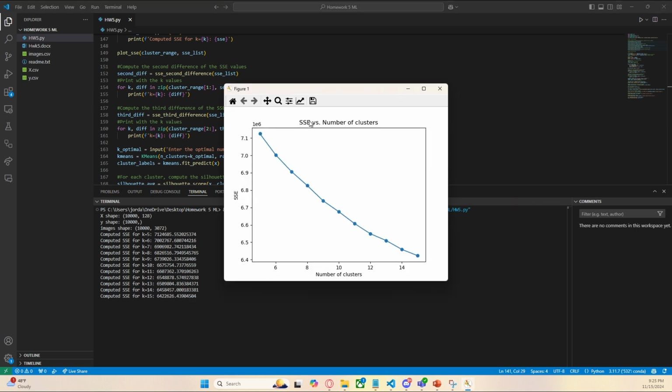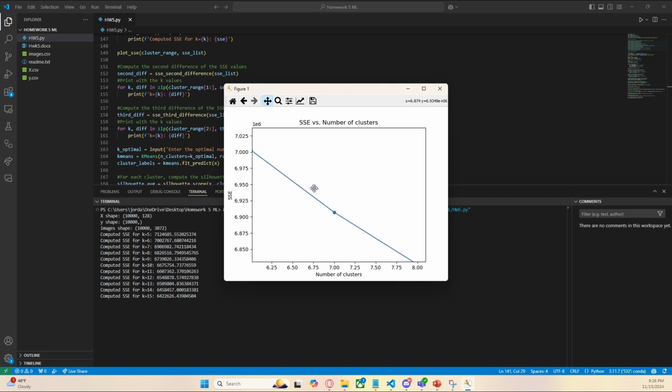This prints the differences down here, so you can look and go through and see if you might have an opinion. I initially chose 5 because when looking at the graph, the first really big decrease is right here.